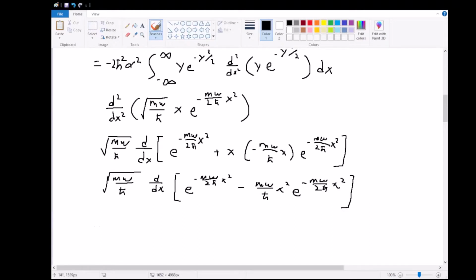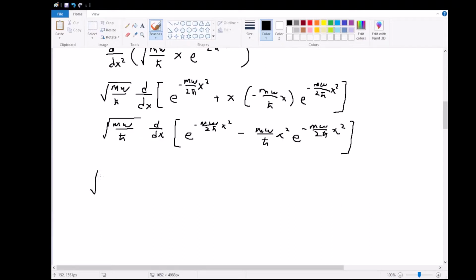Let's use distributive property to make this simpler. So same square root of m omega over h bar d by dx, this time of e to the negative m omega over 2h bar times 1 minus m omega over h bar x squared.